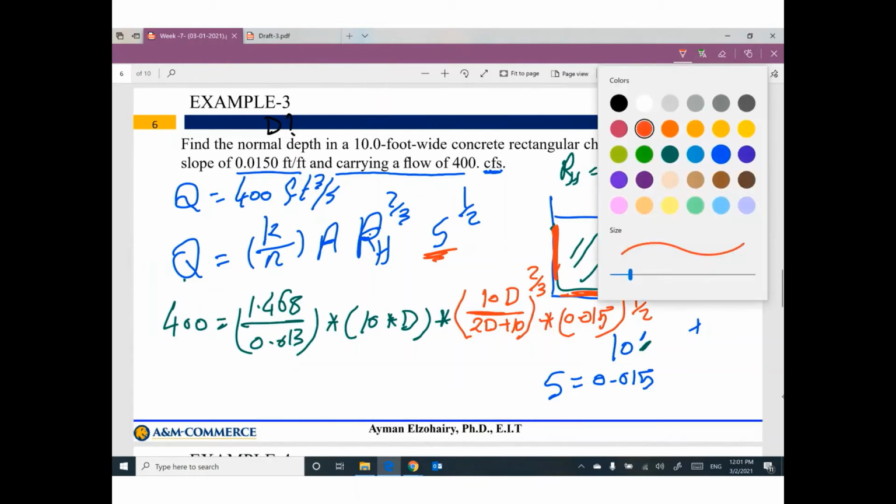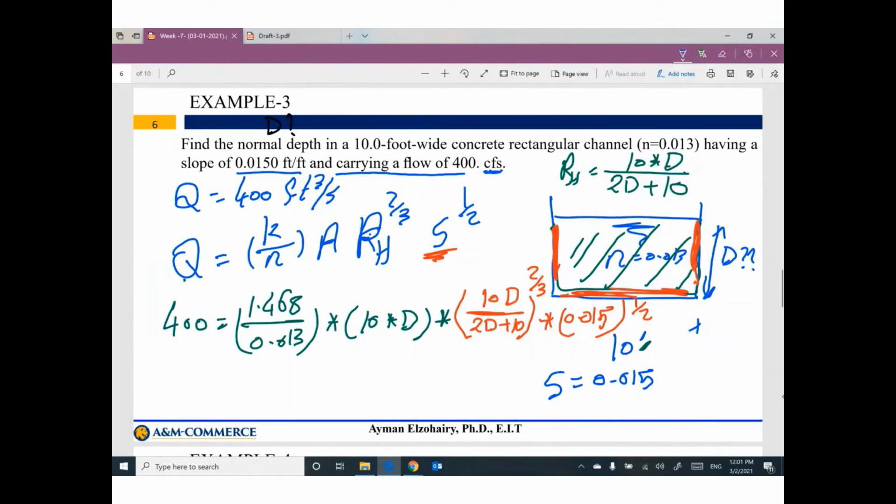Probably if you are smart enough, you can move this number and this number to the other side.